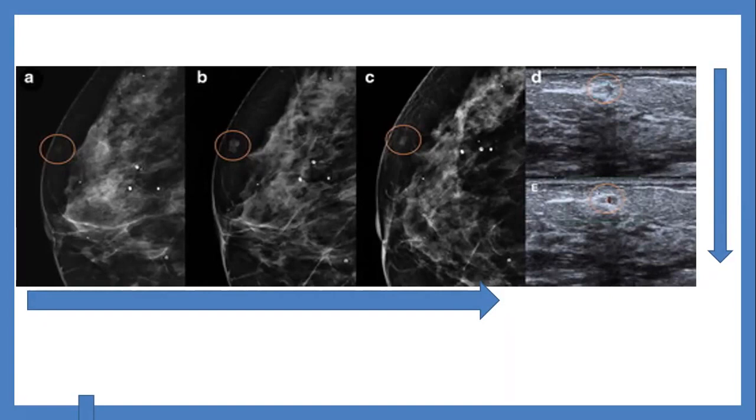D is the first ultrasound, and E is the second ultrasound. E supplements mammography C, and D supplements mammography B.